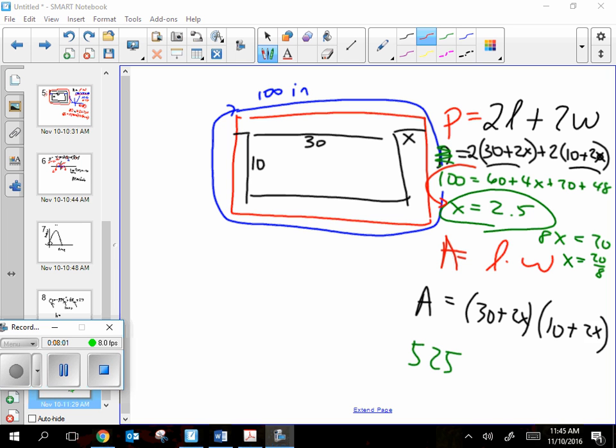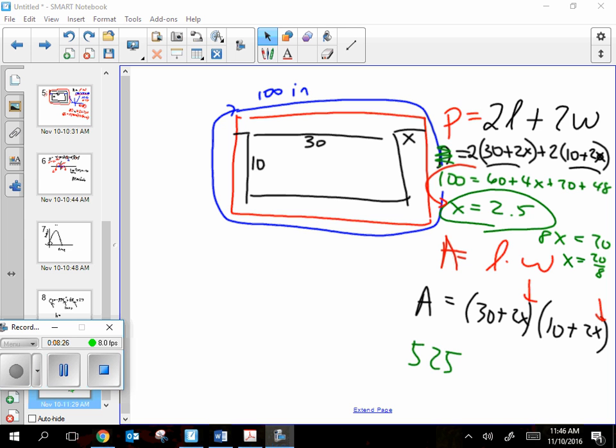And then when you stick the 2.5 in here and here, and actually multiply this all out, you get an area of 525 if we want that 100-inch ribbon to be able to wrap perfectly around the outside of our frame. 100-inch ribbon, thank you. This one had an 80 in it, which is messing me up too. Okay, anyway.